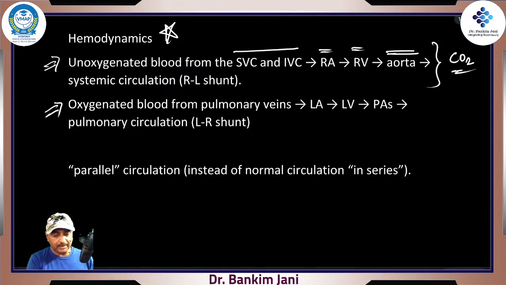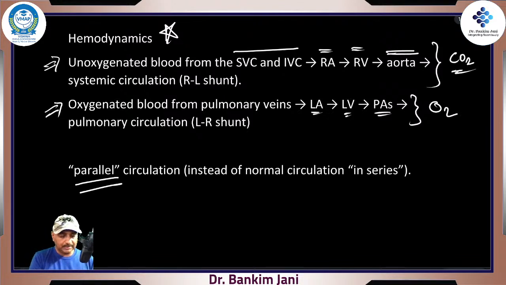Second, oxygenated blood, because the lungs have come into the picture: from the pulmonary veins to the left atrium to the left ventricle to the pulmonary arteries to the pulmonary circulation. It goes on and on. This is oxygenated blood, and this is what we call parallel circulation instead of normal circulation, which is in series.